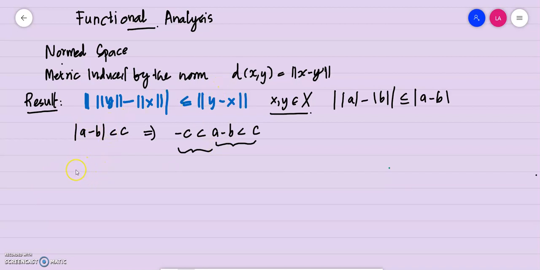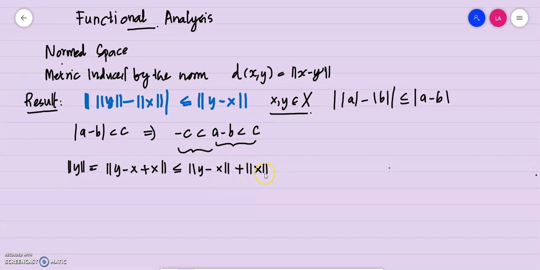So first we will take norm y. Norm y can be written as norm of (y minus x plus x); we just added and subtracted x. Since x and y are elements of the normed space, we can use the triangle inequality. So this is less than or equal to norm of (y minus x) plus norm x.